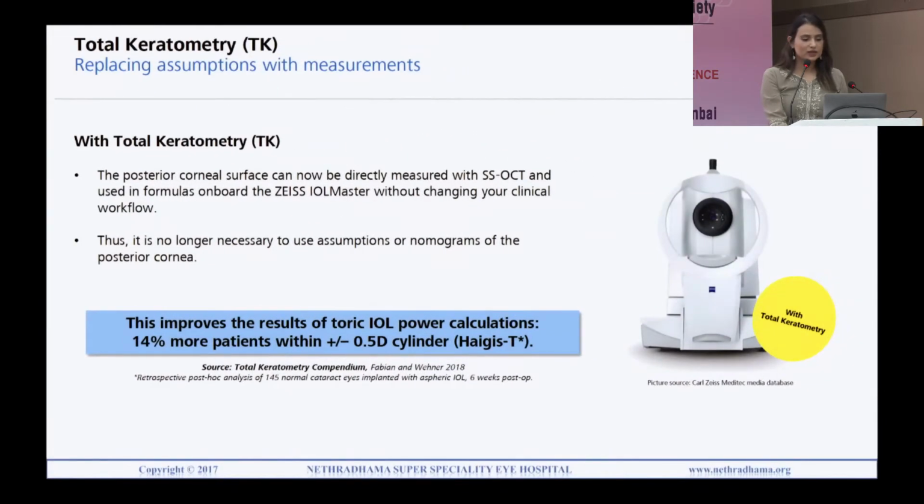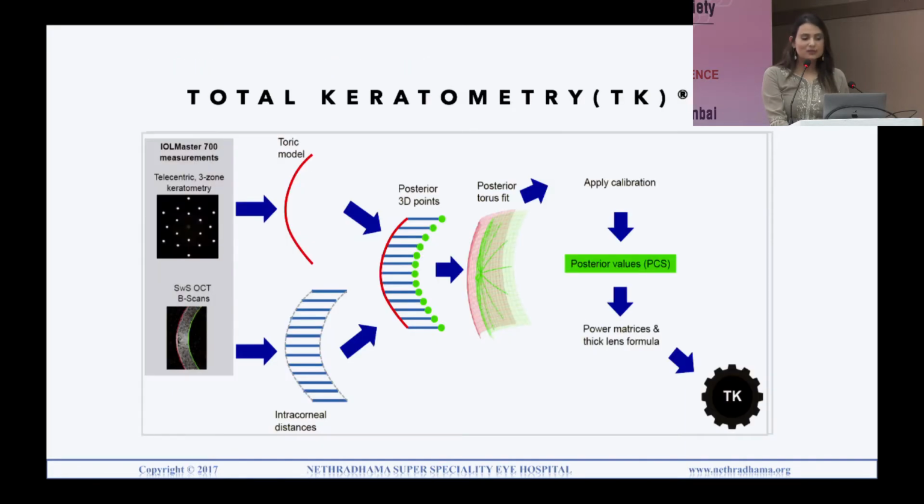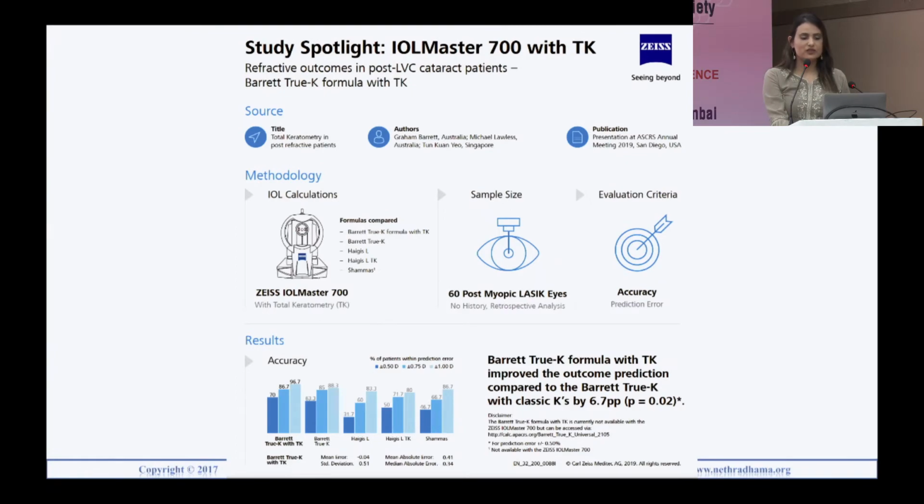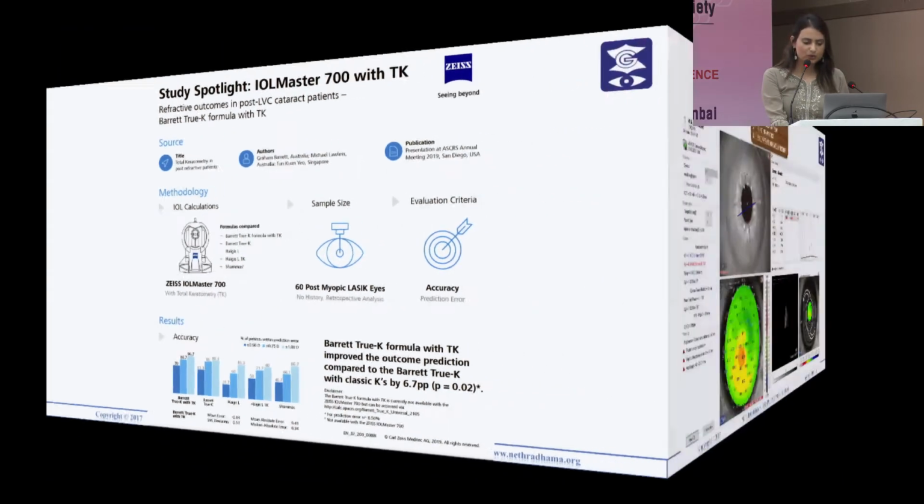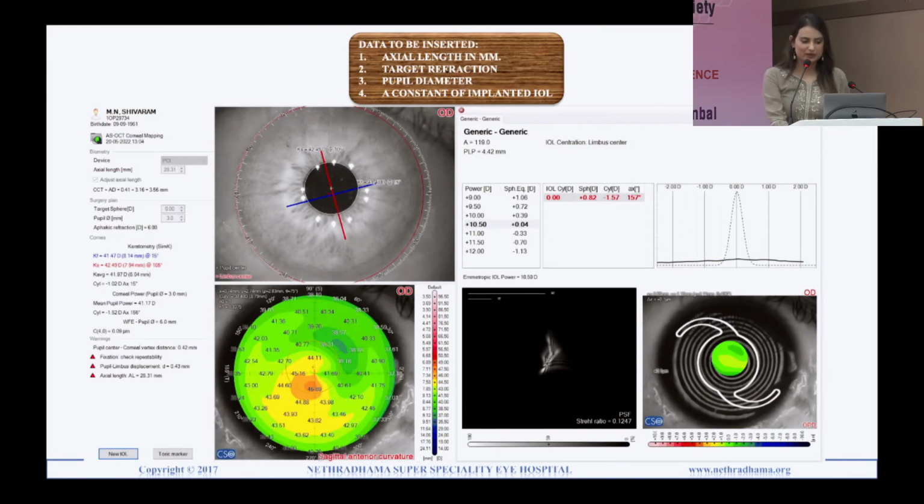And now, of course, we have total keratometry. Dr. Shreyas, Dr. Sri Ganesh have already discussed this, so I will not go into details. Basically, it measures the total corneal power of the cornea after refractive surgery. And now we also have the True K TK formula, wherein the Barrett True K formula also takes into consideration the total keratometry. Hence, the results are even better.